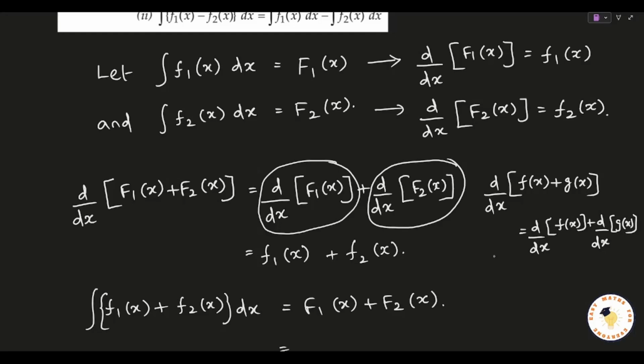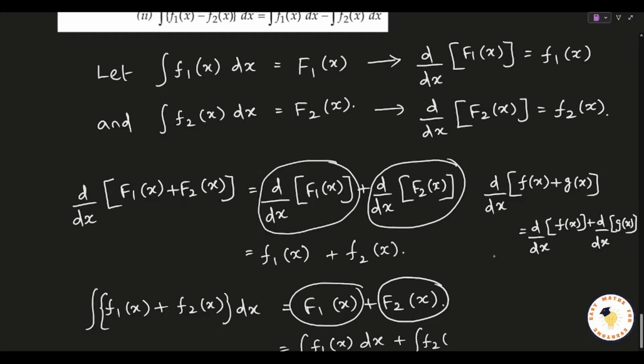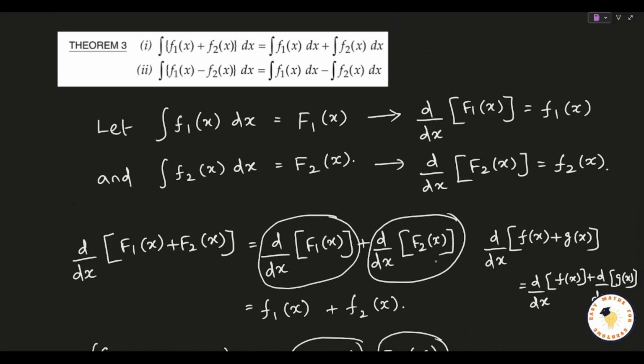So we can replace this with integral f1 of x dx and we can replace this capital F2 of x with integral f2 of x dx. So we have proved that the integral of f1 of x plus f2 of x dx will give me integral f1 of x dx plus integral f2 of x dx.